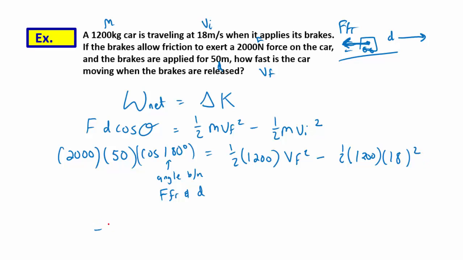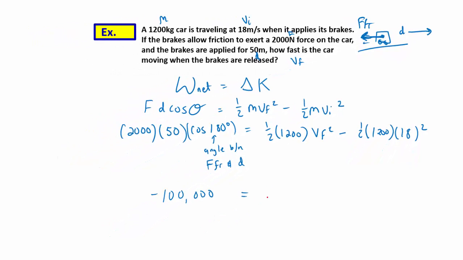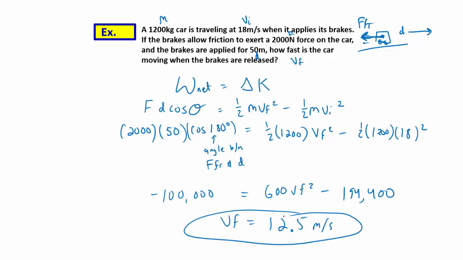When I rewrite this and get some values in here, we're going to have negative 100,000 is equal to 600 vf squared minus 194,400. And when I get vf by itself, we're going to get the final velocity would be 12.5 meters per second if that much force was applied over that distance. It's going to change the energy, it's going to slow it down. And there's our final velocity.